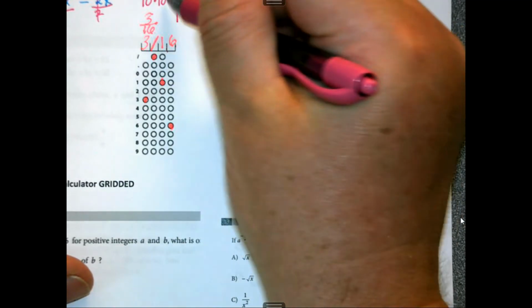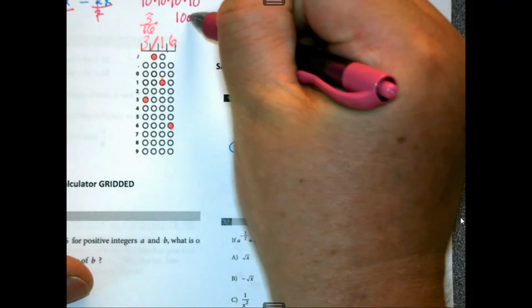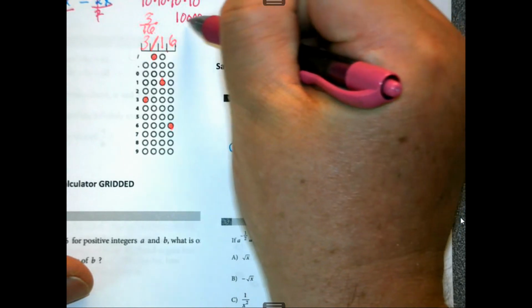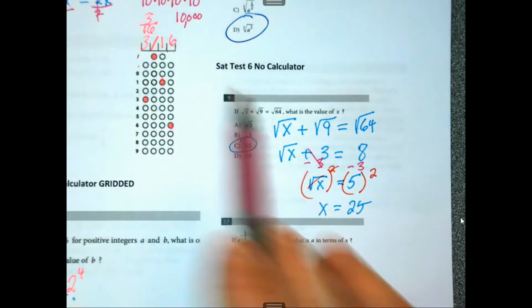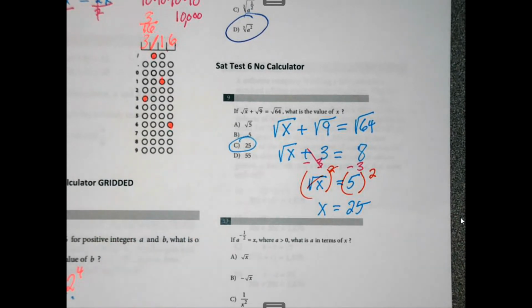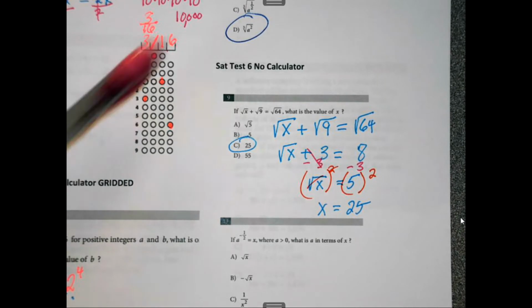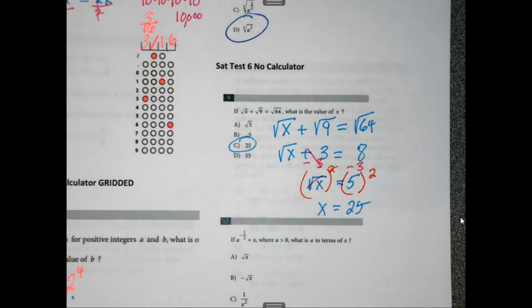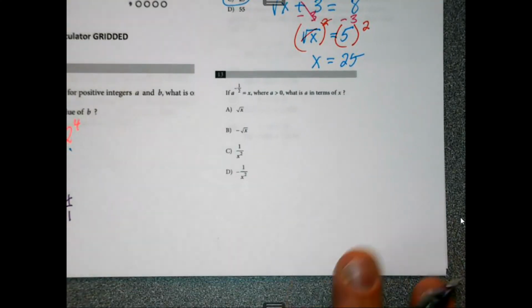So there is, let's see, 1 with 4 zeros: you have 10,000 choices for what to put in those 4 slots, not the A, B, C, or D. We're actually doing some probability there. So you have 10,000 possible ways to choose. So on the gridded response, you really can't guess. There's nothing there to guess. It's too much stuff.